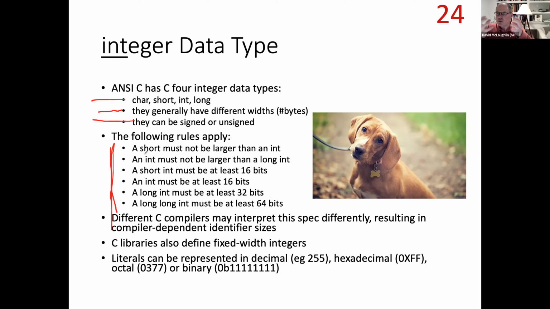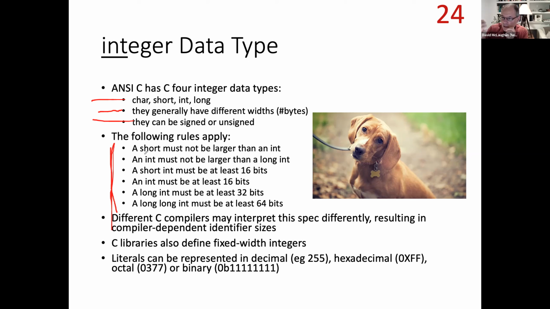But what it means is you get hold of a particular compiler, and what's an int on one machine might be different from the representation of an int on another machine. And when I say different, I don't mean different values, but I mean the number of bytes of memory used to occupy it, and therefore the maximum possible number that you can store in it. So for example, if you have a short int, that means on many compilers, it'll only occupy 1 byte. That's 8 bits.